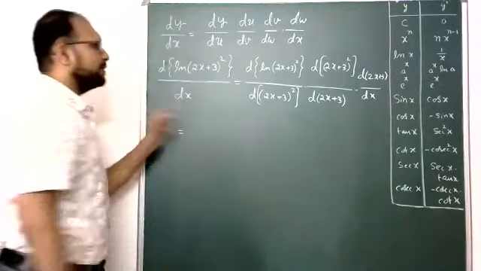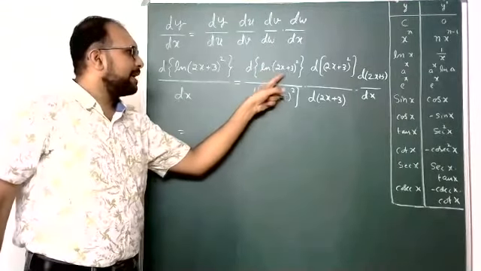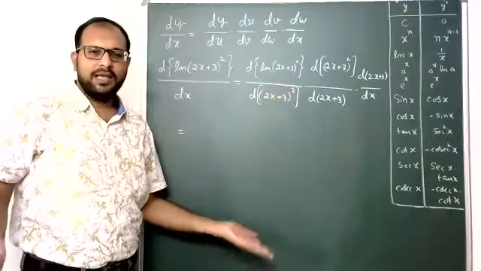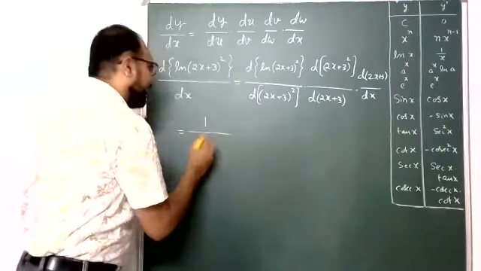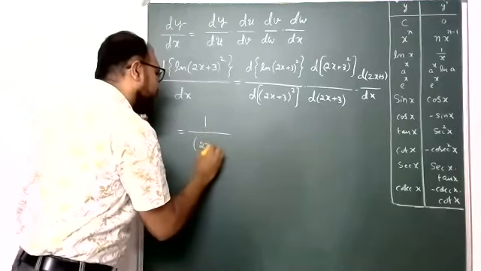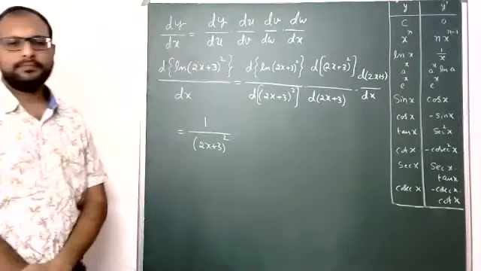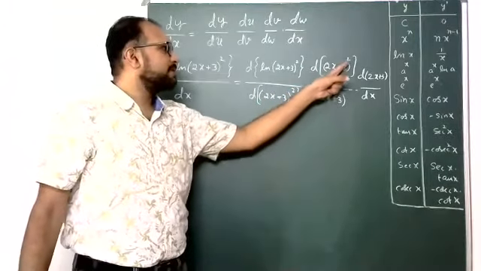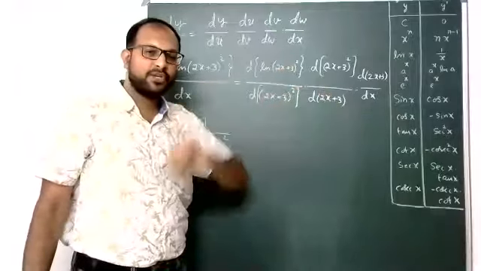First link answer: derivative of ln of this complete here. Means indirectly it is ln x, derivative 1 by x. But here x is (2x plus 3) whole square. Second, derivative of (2x plus 3) whole square with respect to 2x plus 3, not with respect to x now.